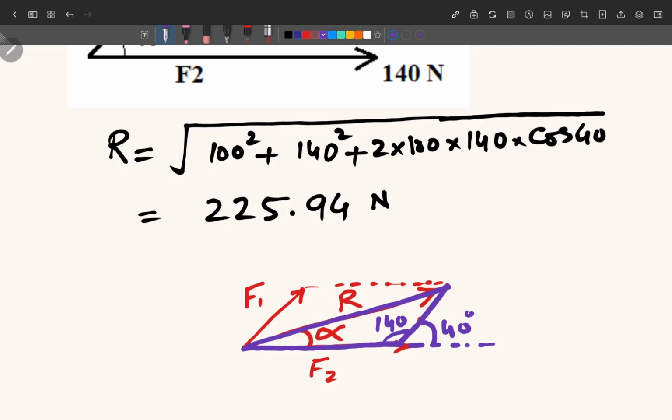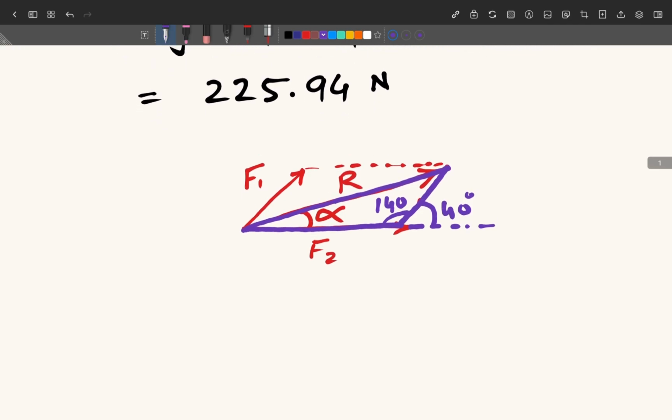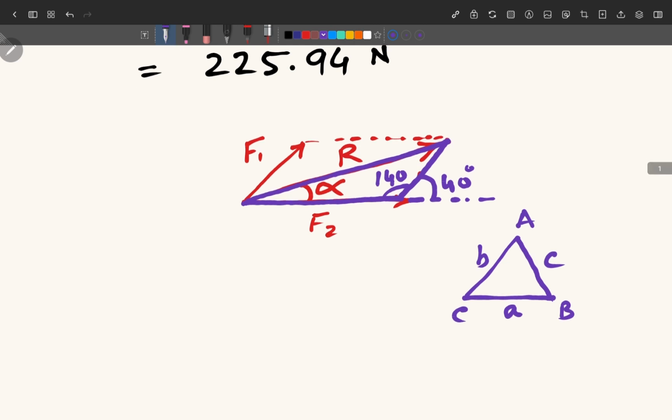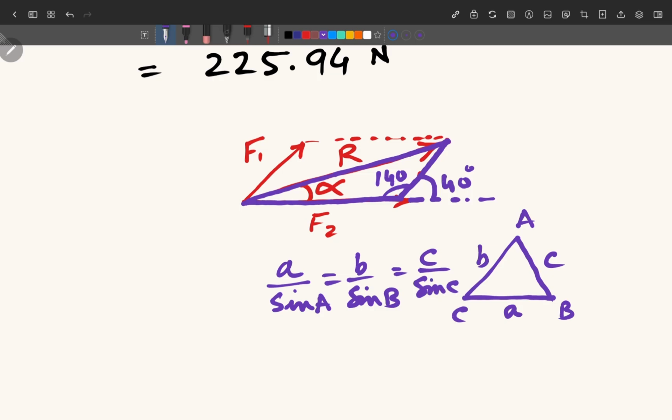According to the sine rule, in any triangle with angles A, B, C, and the sides opposite to them small a, small b and small c, we have the relationship: a upon sine A is equal to b upon sine B is equal to c upon sine C. This is the sine rule of the triangle.